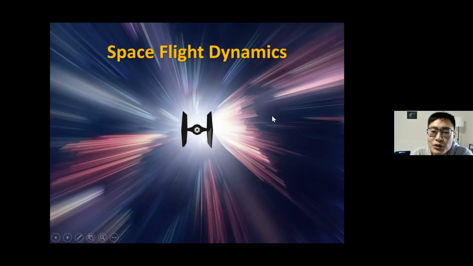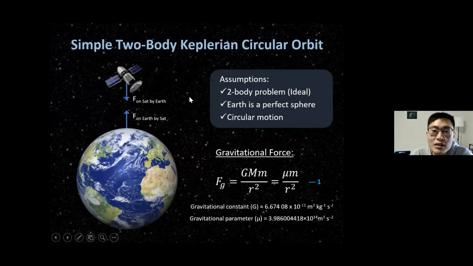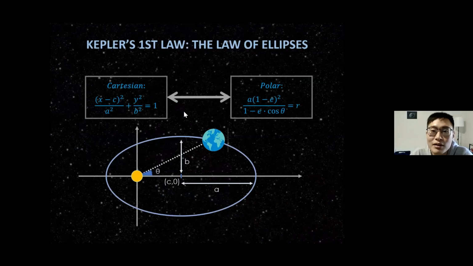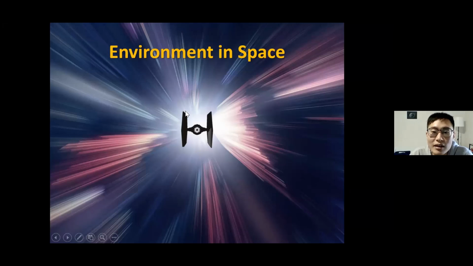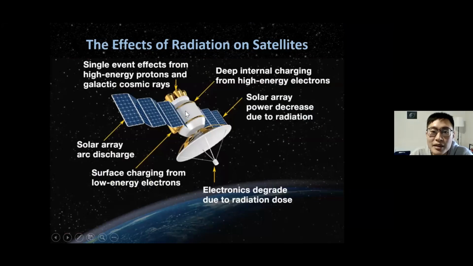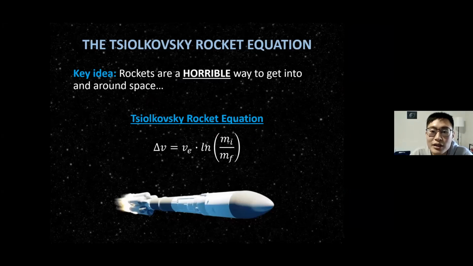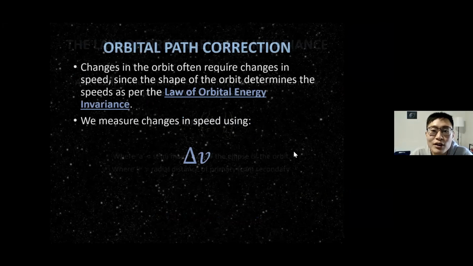And for the rest of these slides, we will be diving into spaceflight dynamics. We'll be talking a bit about Newton's laws, but I don't think I have the time for it. Kepler's laws, radiation hazards in space, and then the rocket equation. There's a lot of things that we can talk about. Space is endless, right?